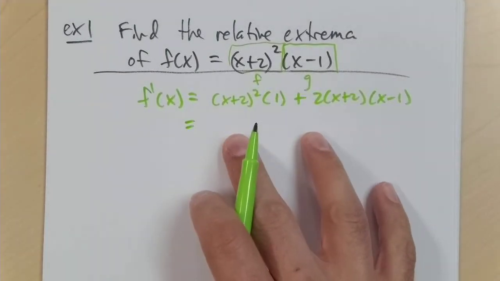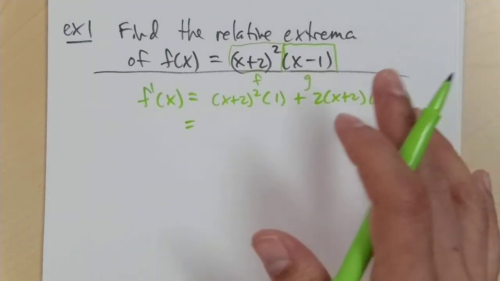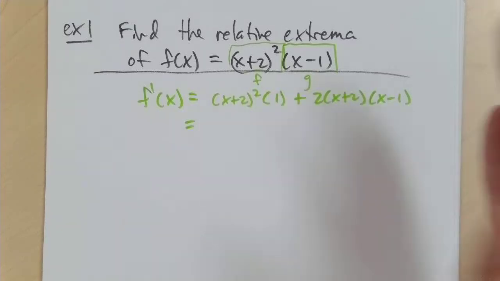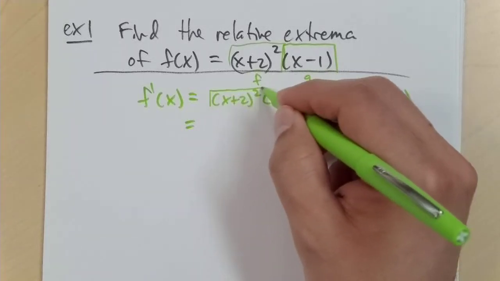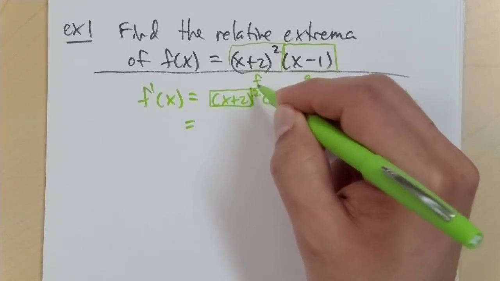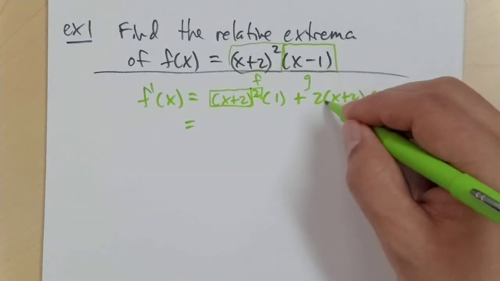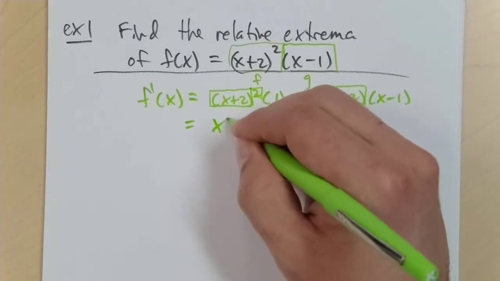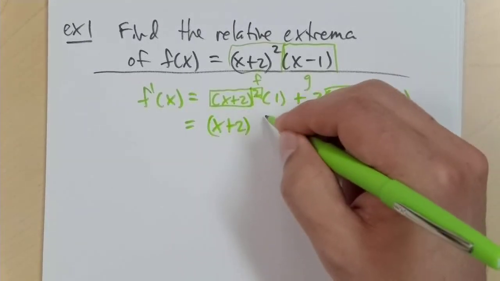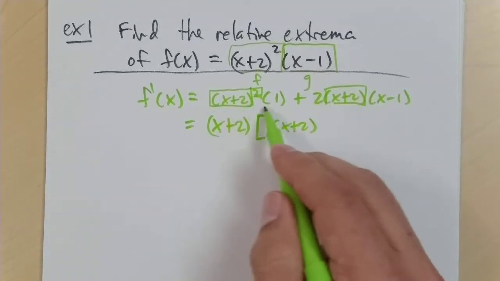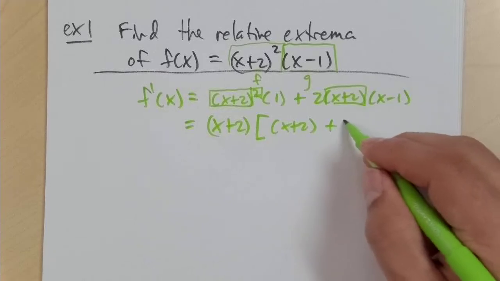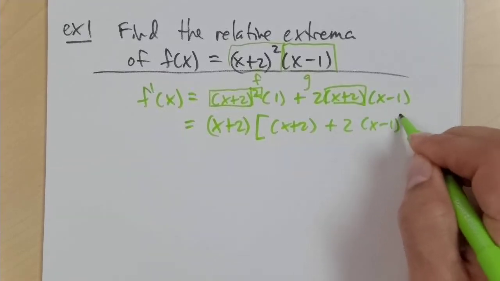Next, we could simplify it. There's a couple ways you can do it. You could factor right here, or if you're more comfortable multiplying it out, it's really all the same thing. But I'm going to go ahead and factor out, since I see an x plus 2 in common, I'm going to pull that out. So x plus 2 gets factored out, leaving me with a single x plus 2 in the first term, plus 2 times (x minus 1) over here.